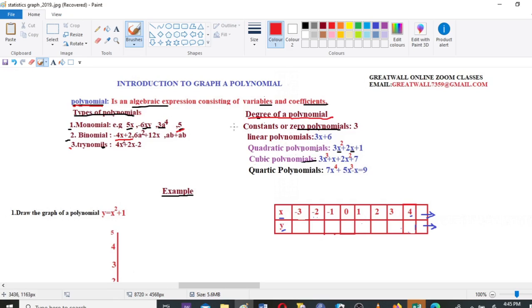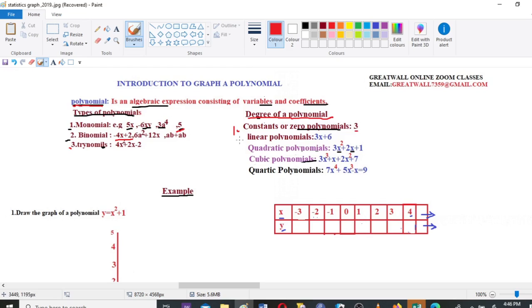The first one is constants or zero polynomials. A constant is any number, an unchangeable number, like 3. This is a polynomial consisting of just one term, and that term is a constant.